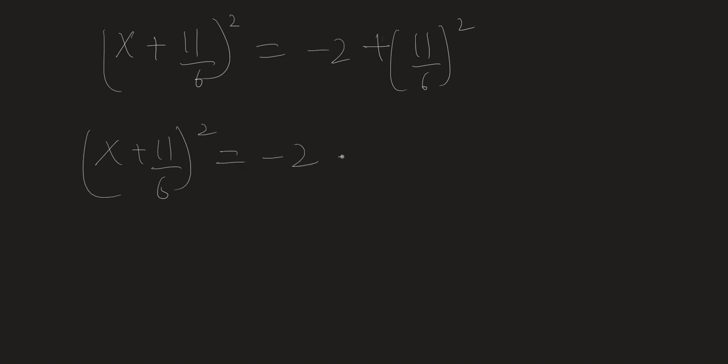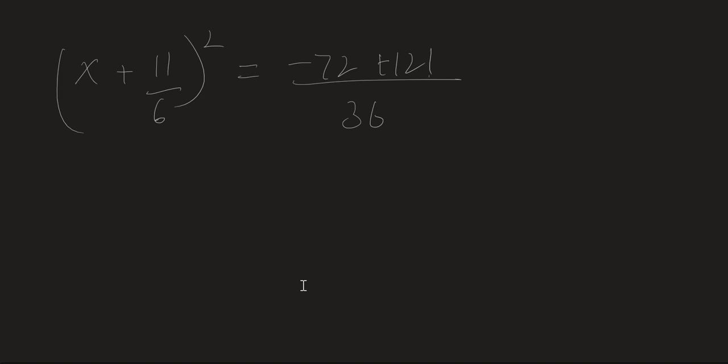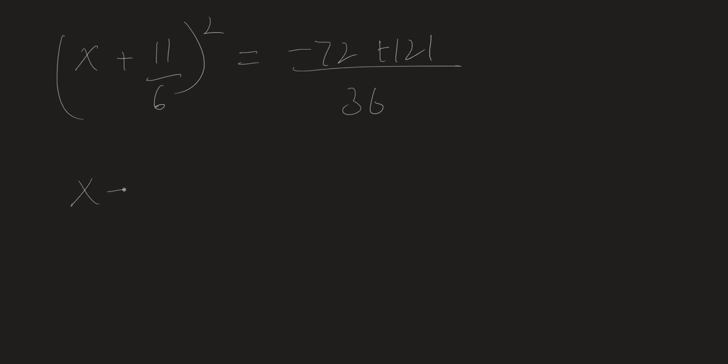So 11 squared is 121 and 6 squared is 36. So the LCM would be 36. 36 into 2 will give us 72. So minus 72 plus 121 gives us 49.